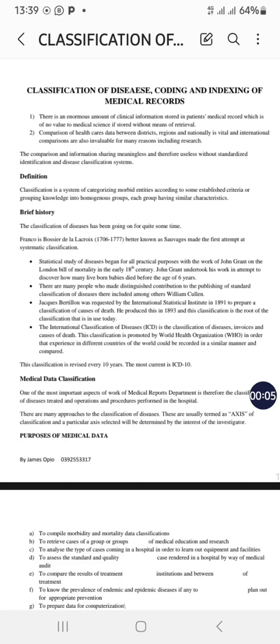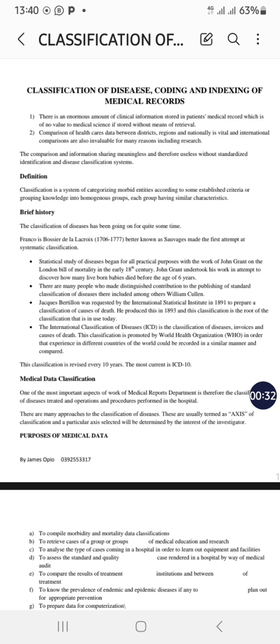Ladies and gentlemen, welcome to disease classification and coding, the indexing of medical records. This unit is strictly to introduce you to the grouping of diseases based on the available approaches, what we call axis.